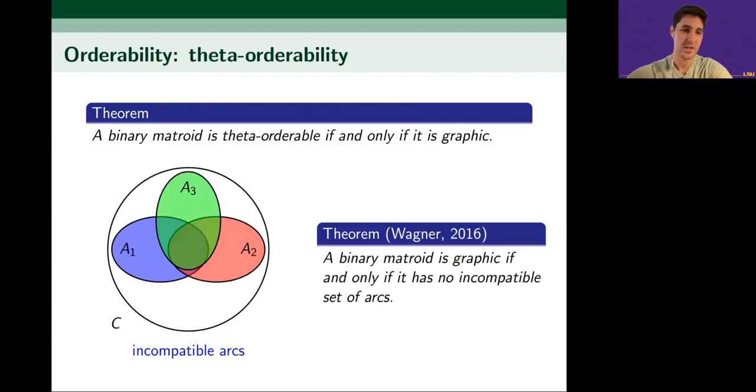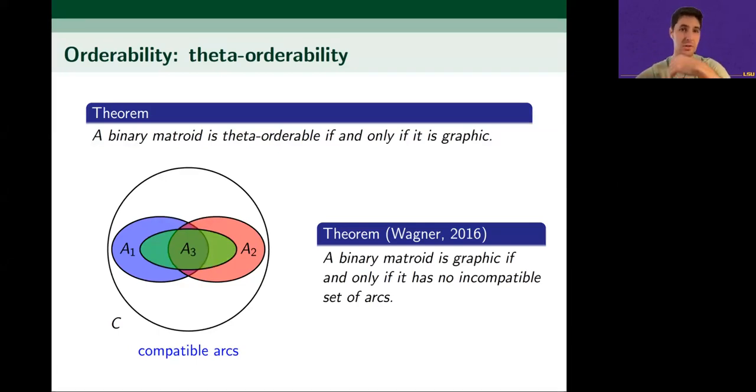So what this picture is showing is you've got 3 arcs that live in the same circuit, and they're incompatible if they have non-empty intersection and none of them is contained in the union of the other 2. So compatible would look like this. You've got to have at least one of them contained inside the other 2.